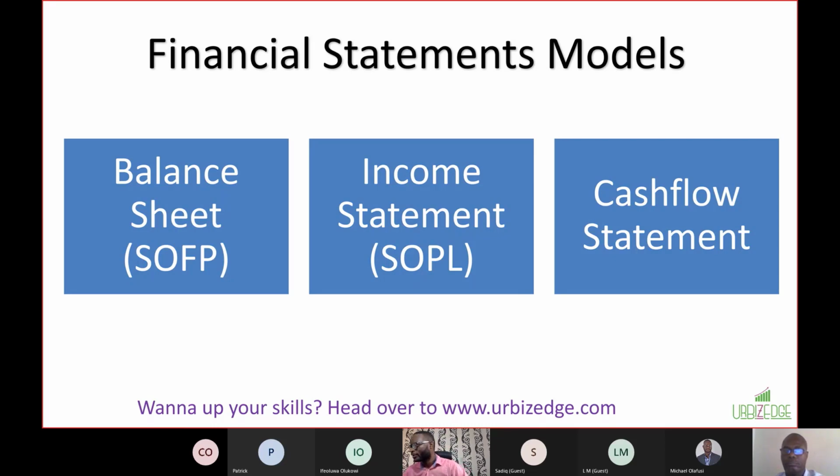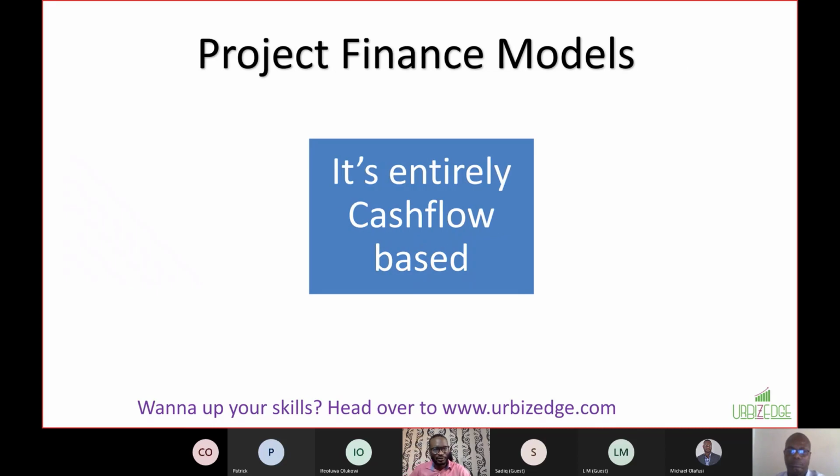I will demonstrate in Excel anyway as we go on. And then there's the project finance models. The project finance models are entirely cash flow based. They will even talk about the cash flow waterfall, how people are going to receive money out of the project.